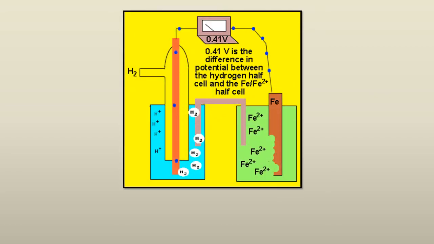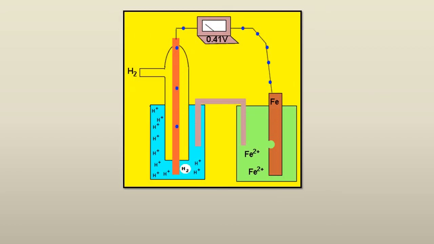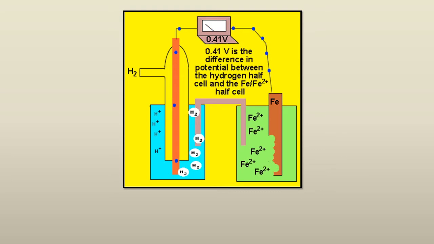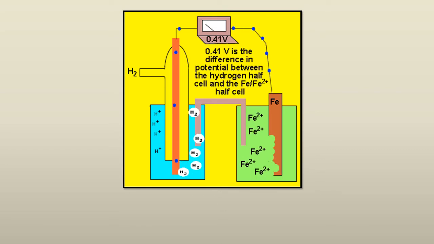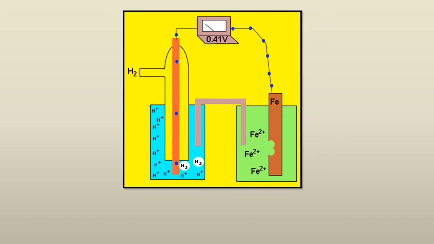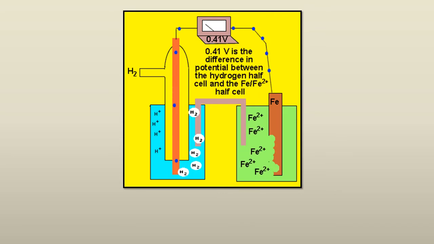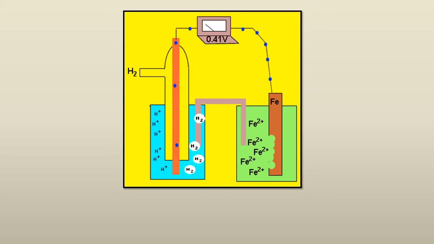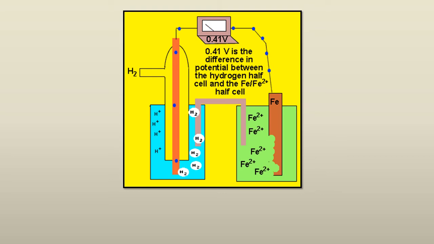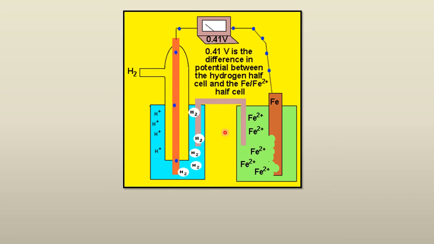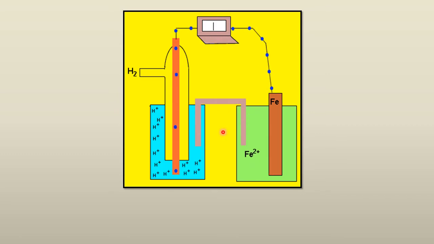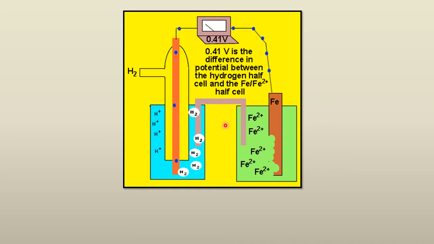Here is the application of standard hydrogen electrode. How is this standard hydrogen electrode able to complete the other half cell? Now in this you can see that iron is dipped in its iron salt solution, whereas hydrogen is dipped in its solution. Now both these electrodes are connected with a conducting wire, and a salt bridge is also there to maintain the neutrality of the solutions.